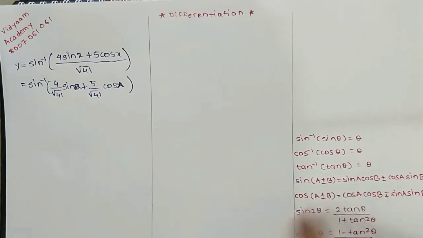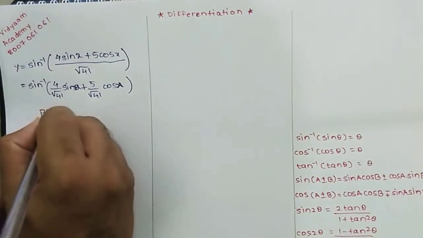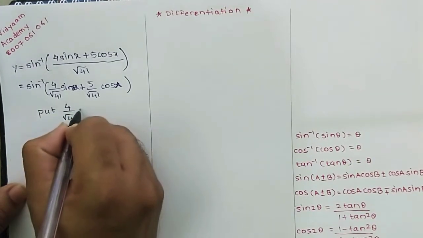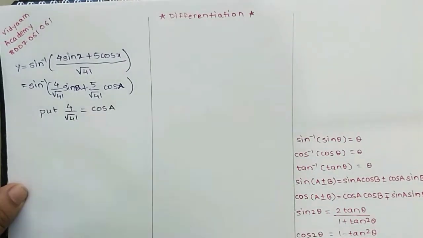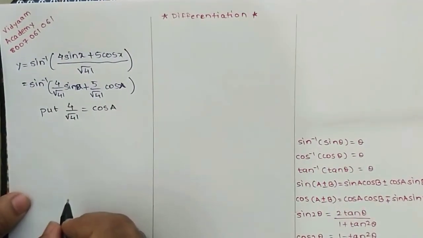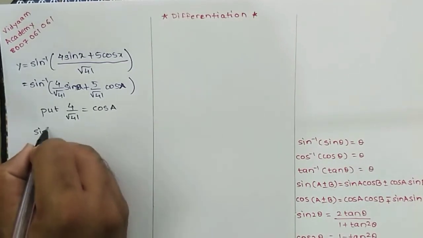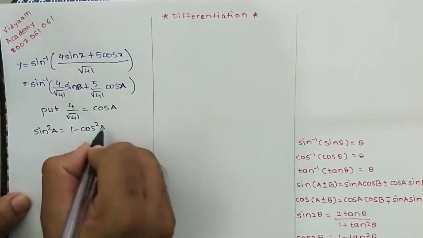What we can do is go for some kind of adjustment, and the adjustment clearly tells us we can put the 4 by root 41 term as cos of a. If cos a is assumed to be 4 by root 41, then sine square of a is equal to, by the trigonometric identity, 1 minus cos square a.